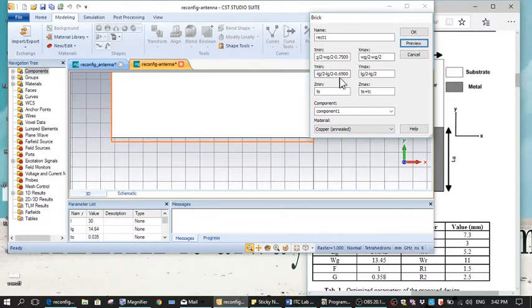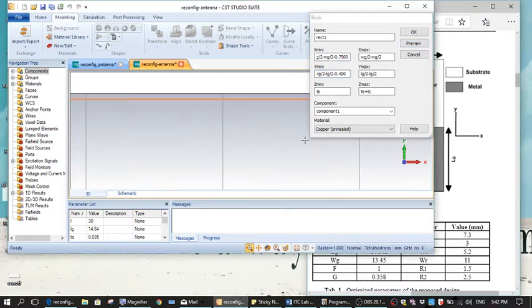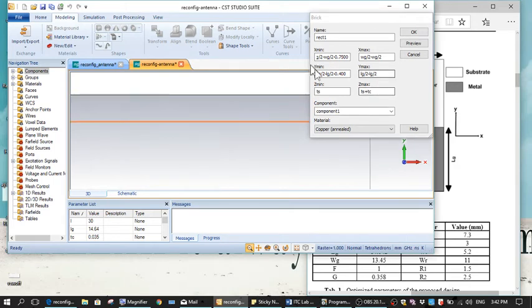So let's reduce this difference to 0.4 and a little more. But now I think it's still out. So let's give it a 3.5 and preview it.